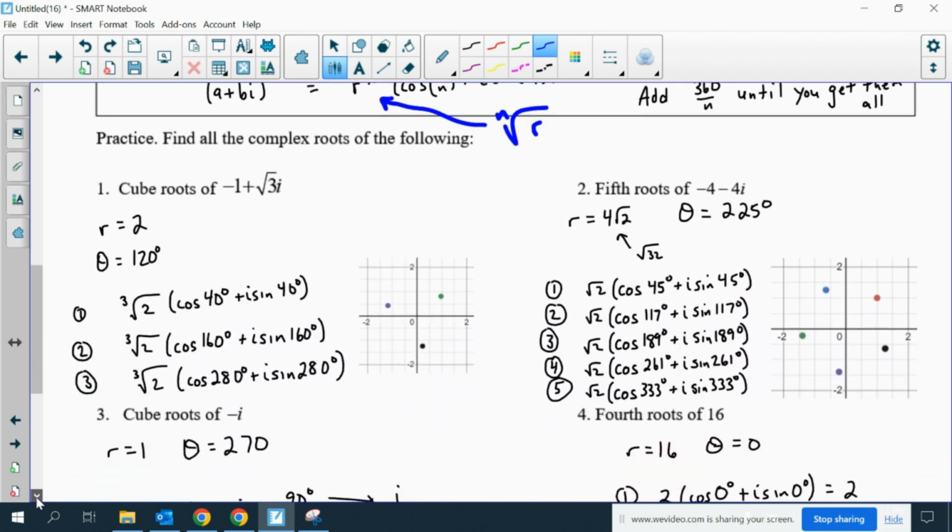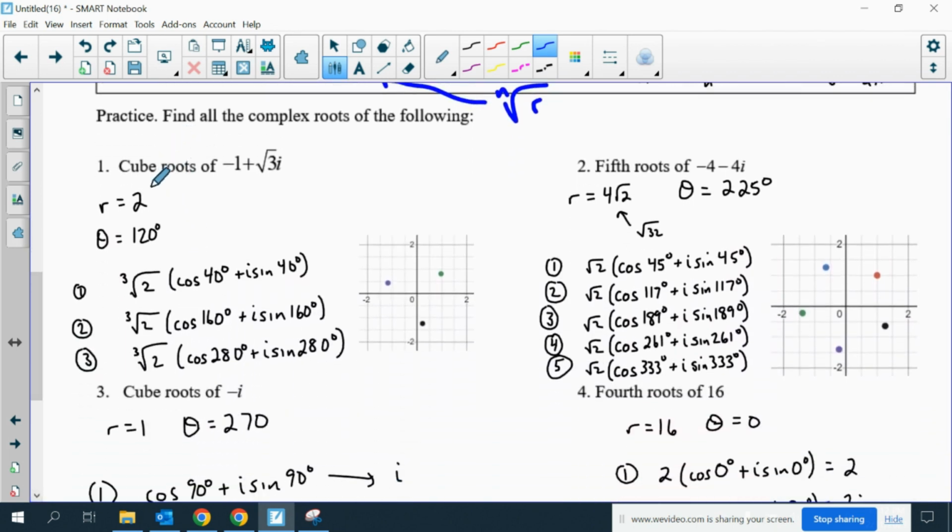Here are the complex roots of the following things. So -1 plus root 3 i. If the radius was 2, you have to take the cube root of that. So you have the cube root of 2 for all of them. Then here's your angle. So if I plotted -1, root 3, it's going to be at a 120-degree angle with a radius of 2.